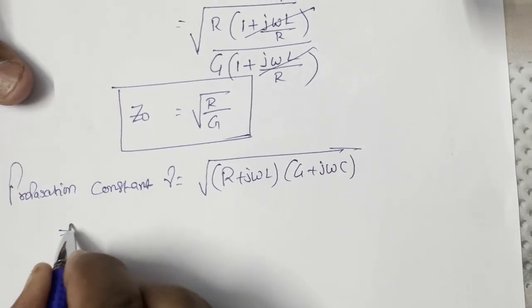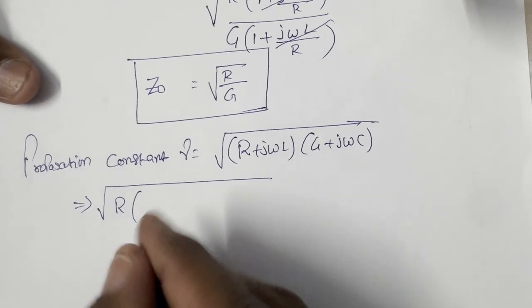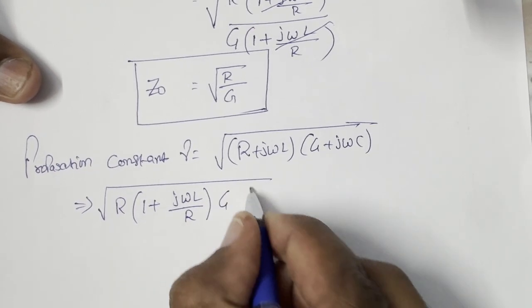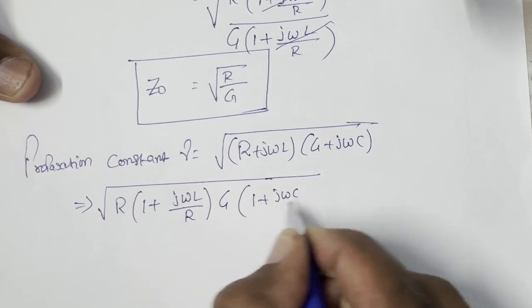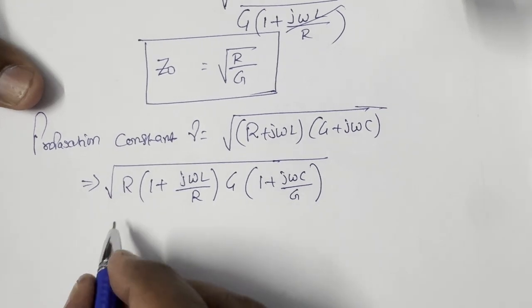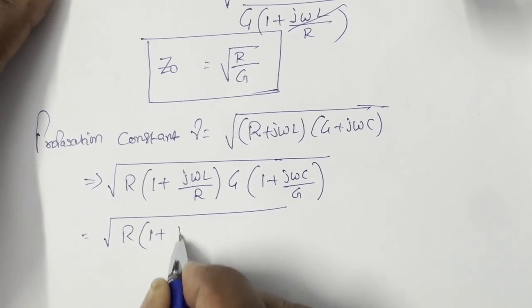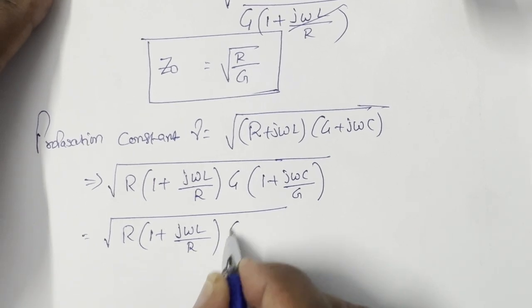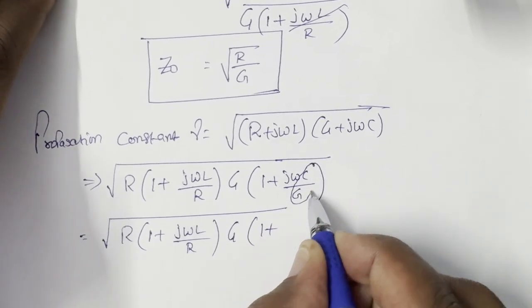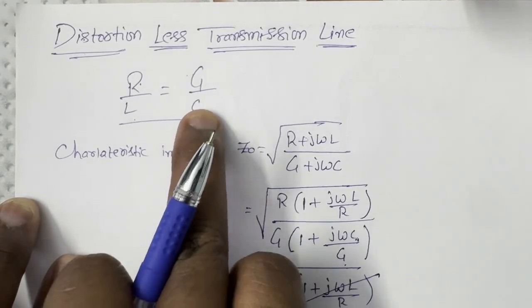In the same process, I am taking R as a common term, R into (1 plus j omega L by R), and G as a common term, G into (1 plus j omega C by G). Again here we are having C by G.